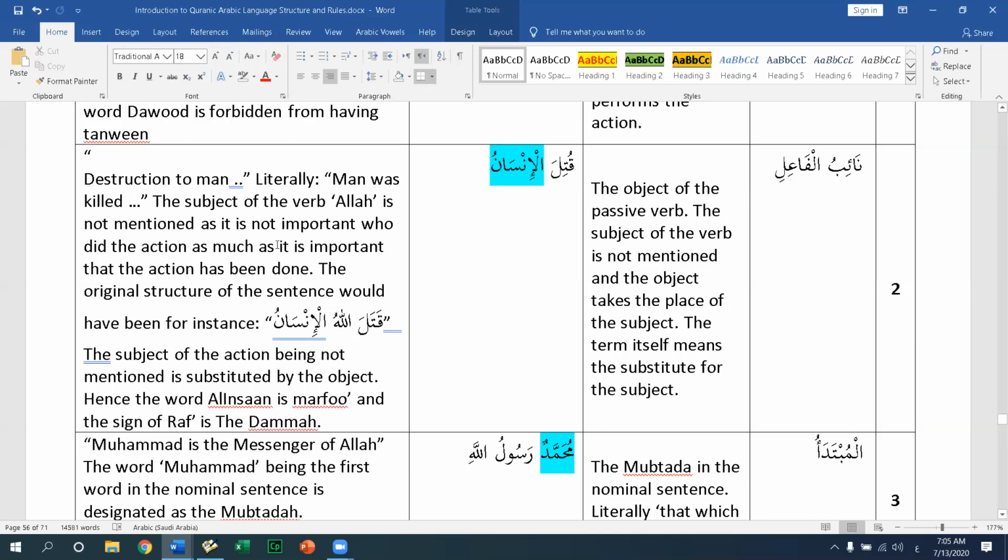The subject of the verb, Allah, is not mentioned, as it is not important who did the action as much as it is important that the action has been done. The original structure of the sentence would have been, for instance, قتل الله الإنسان.